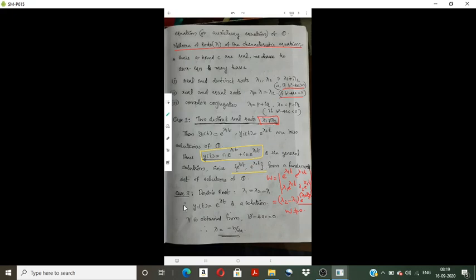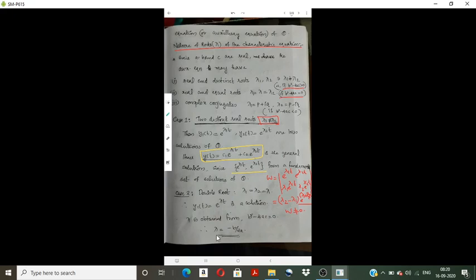Now if the auxiliary equation has two real and equal roots, say lambda, then we will have one solution of the form y1 of t equal to e raised to lambda t. And what is the value of lambda? We have lambda is the solution of the quadratic equation a lambda square plus b lambda plus c equal to 0, and in that case b square minus 4ac equal to 0.